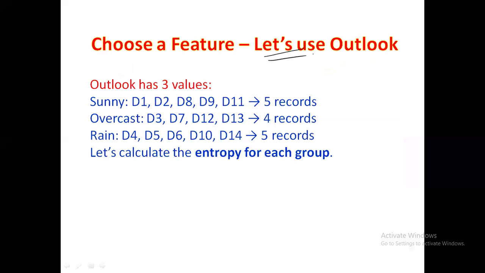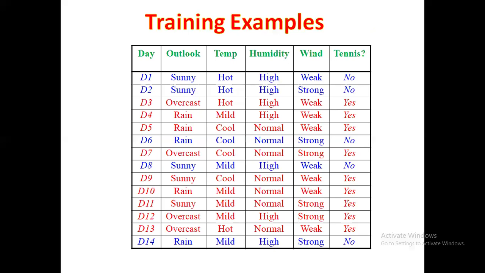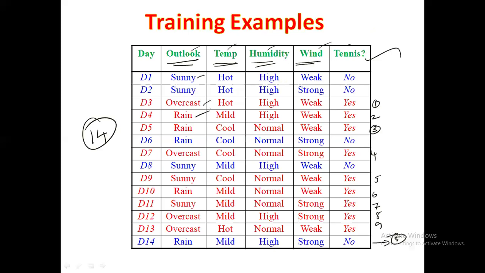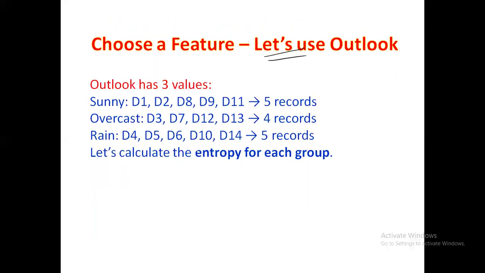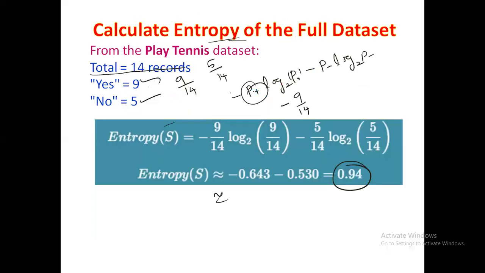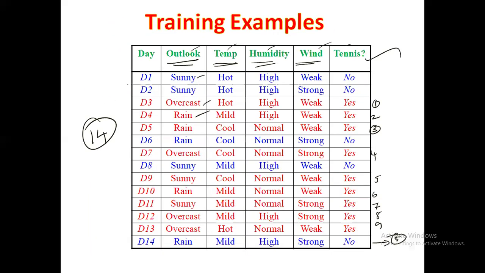And we have to choose the feature. Let us first use the outlook. In this outlook, how many values are there? Sunny, overcast, rain. For sunny, how many records are there? From the table we can find out: 1, 2, 3, 4, and 5.